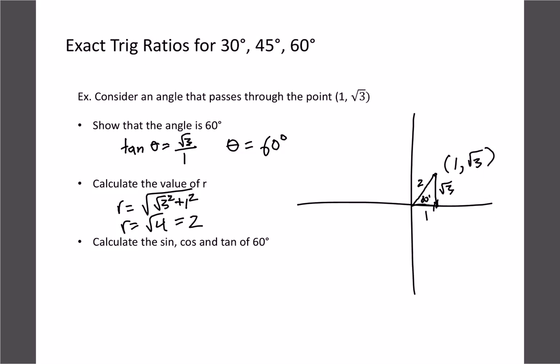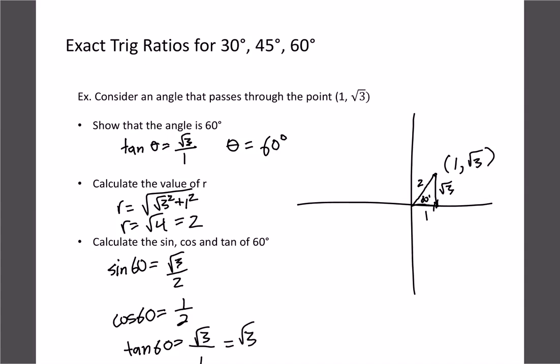We already know the tan one, but let's do the rest. Sine of 60 would be root 3 over 2. Cosine of 60 would be 1 over 2. And our tan of 60 is root 3 over 1, or we can just write it as root 3. Okay, so those are our 3 basic trig ratios for 60 degrees.